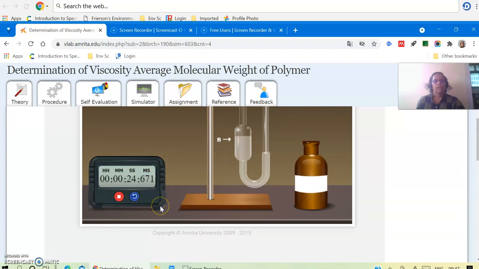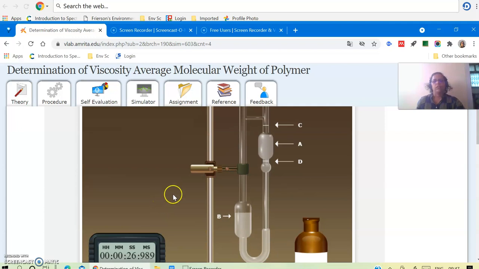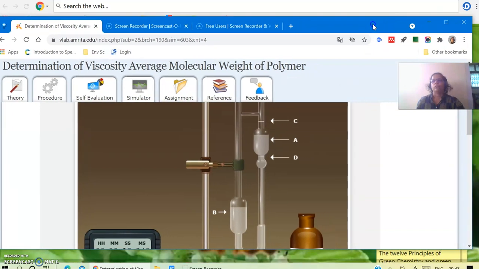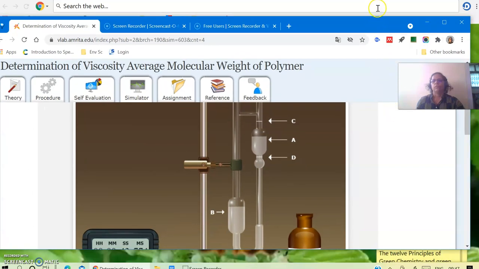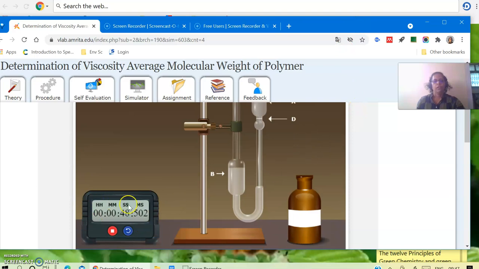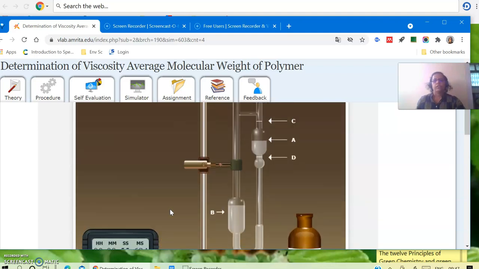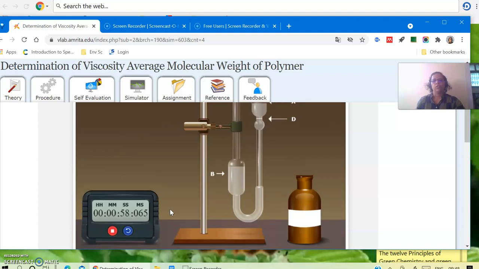The stopwatch has started and it is measuring the time. As the liquid is flowing down from mark C, as soon as it reaches D, you have to stop the stopwatch. Till then you will see that the stopwatch is running, 51 seconds, 53 seconds. So you keep watching on this.